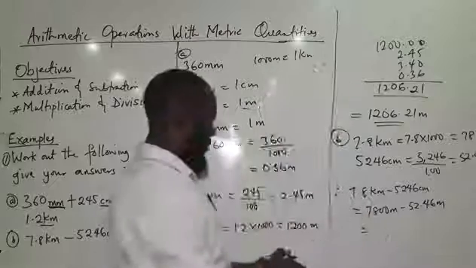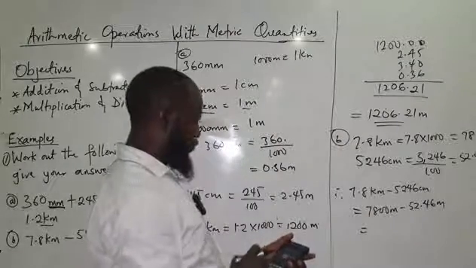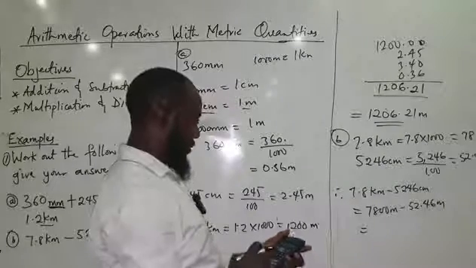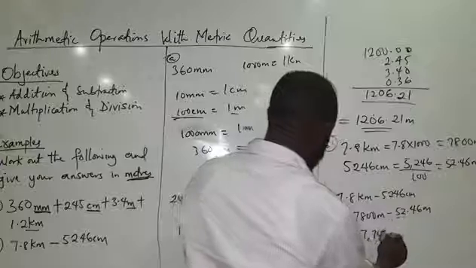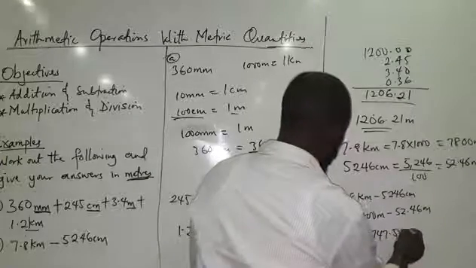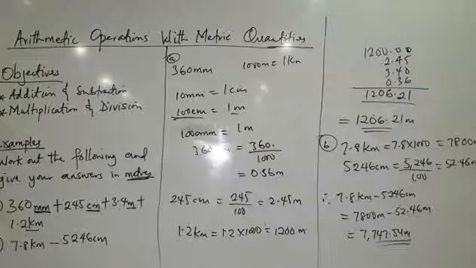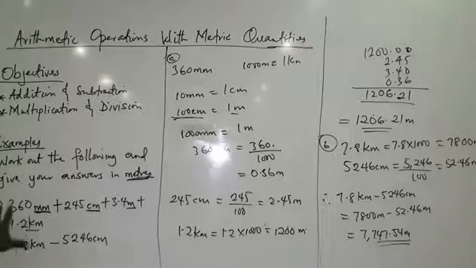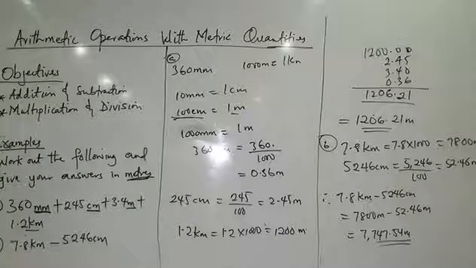We can calculate that 7,800 minus 52.46 gives us 7,747.54 meters. So that is question example 1, which is under addition and subtraction. So let's look at another example.